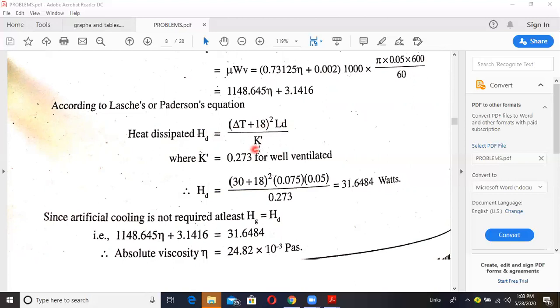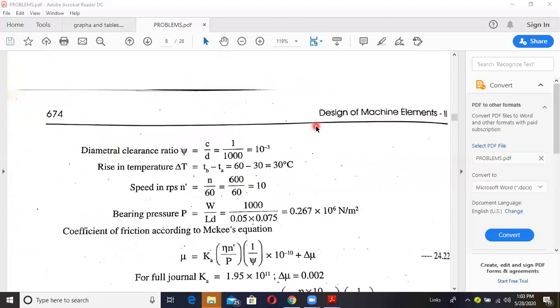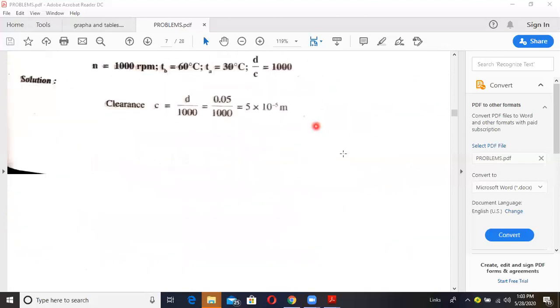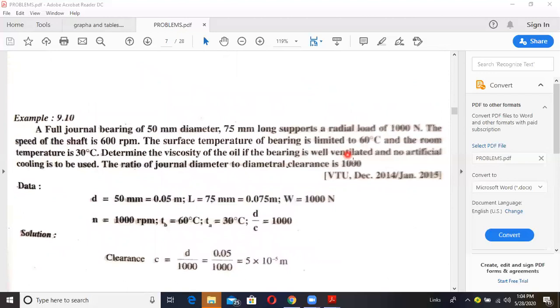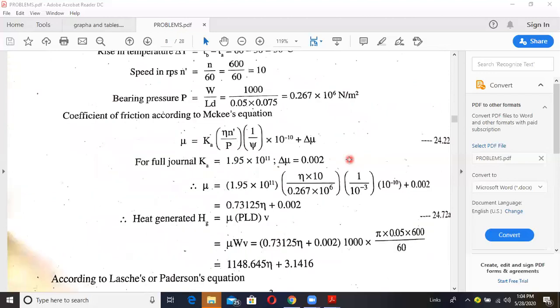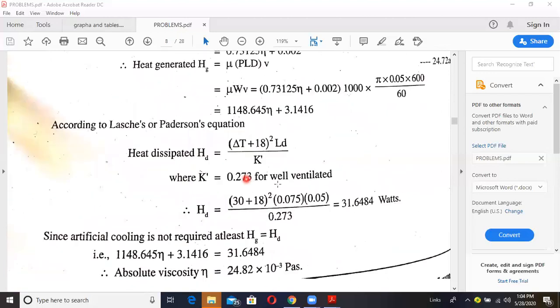K dash is 0.273 for well ventilated. This is constant. In the question they have given well ventilated, right? So therefore K dash is equal to 0.273 for well ventilated. Now substitute delta T, substitute LD, K dash, then we will get Hd.